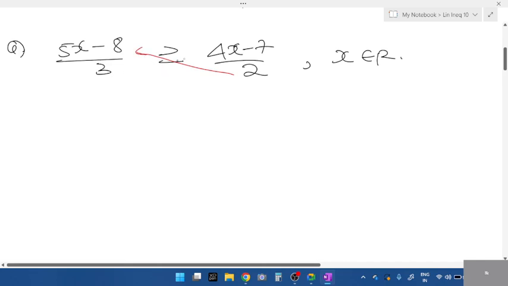See, you can't reduce 3 and 2, students. You can't reduce them, so just cross multiply. Complete this.